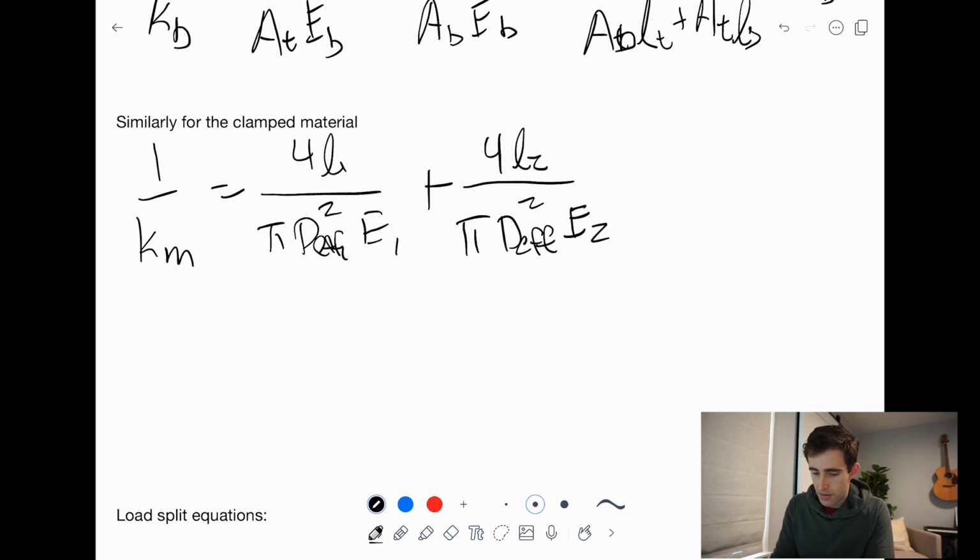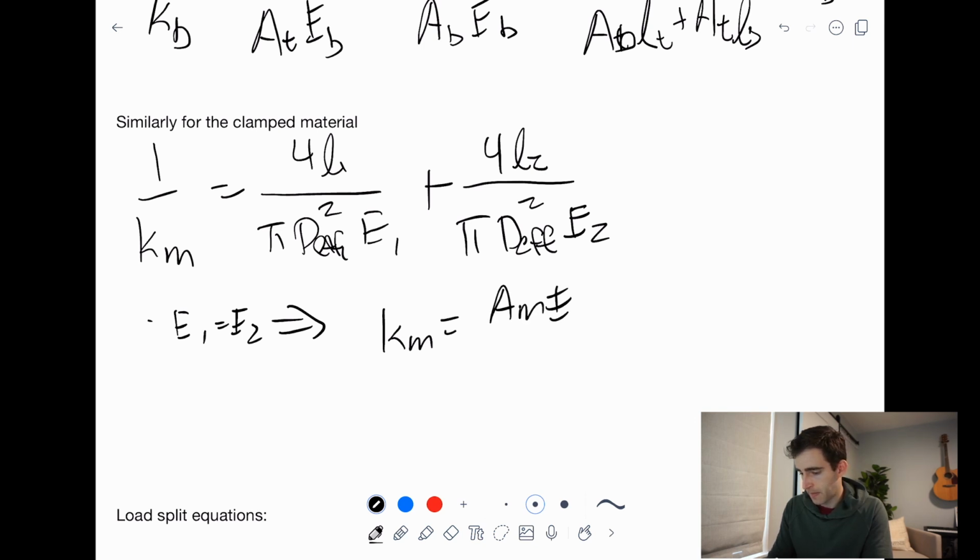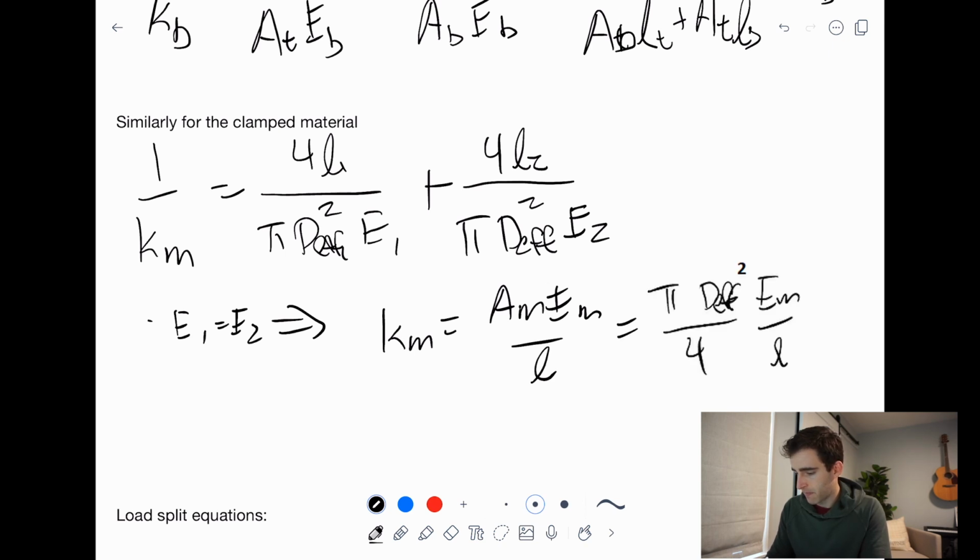And note, if E1 equals E2, you can simplify this to, where EM is now the Young's modulus of the material.